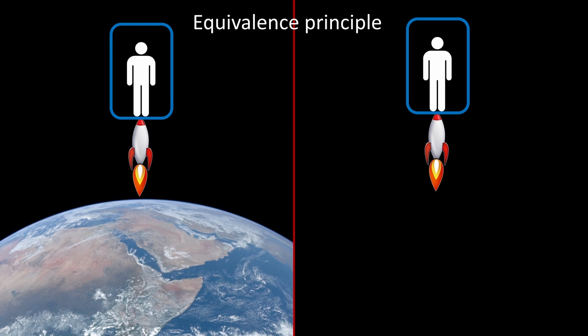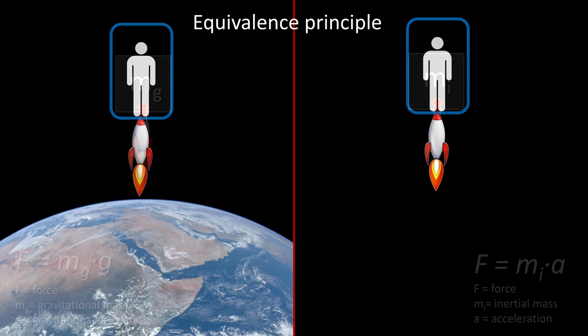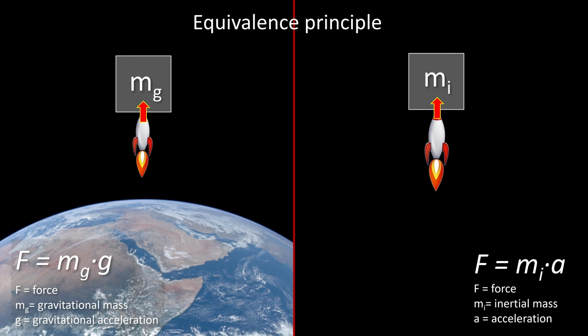Now, from the perspective of an object with mass, the situation of being stationary in a gravitational field or being accelerated in free space is completely equivalent, and this inspired Albert Einstein to formulate the equivalence principle. And therefore, inertial mass and gravitational mass are basically the same thing.